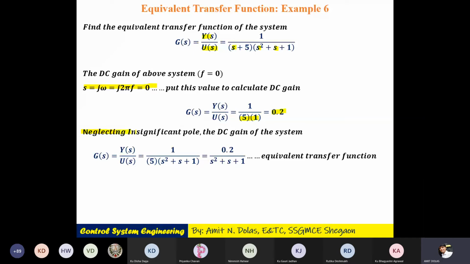Neglecting the insignificant pole, the DC gain of the system, that is 1 upon 5, is the DC gain into the insignificant pole, s plus 5, which I have neglected, into s square plus s plus 1. So it will be 0.2 divided by s square plus s plus 1. This is the equivalent transfer function of the given transfer function.